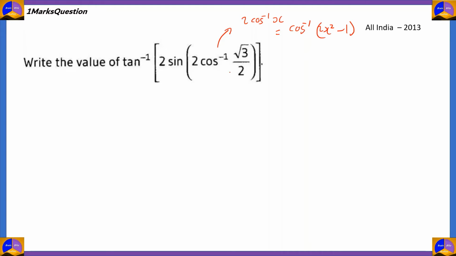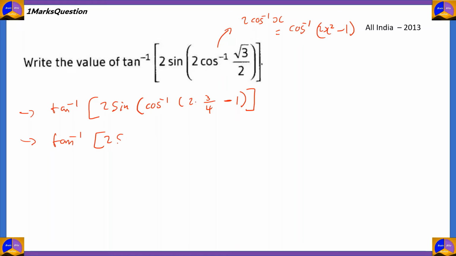Let's apply the formula in the inside brackets. So the whole value will become tan inverse of 2 sine and then 2 cos inverse root 3 by 2 will become cos inverse of 2 into root 3 by 2, the whole square, is 3 by 4 minus 1, which we can now write as 2 sine cos inverse of 3 by 2 minus 1. 2 goes into 4 twice.